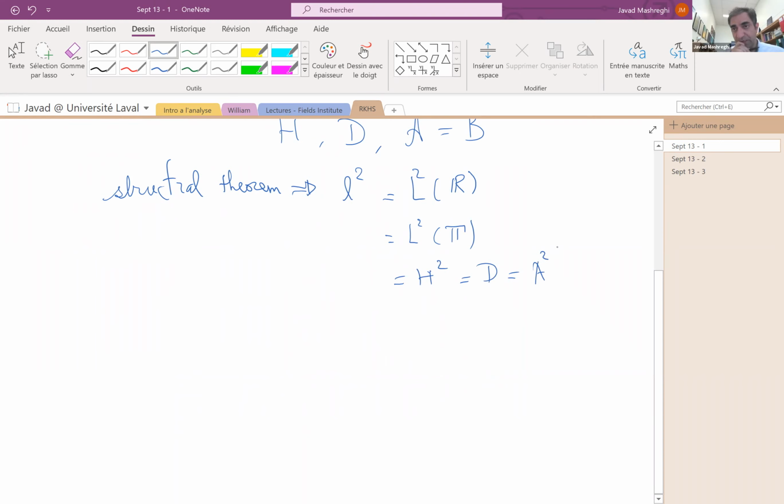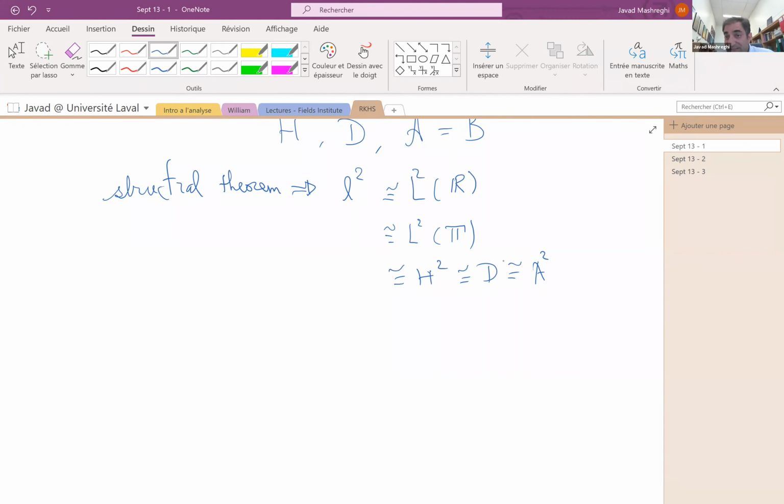And if the equality bothers you a bit, you can put a tilde over the equality, just to emphasize the fact that we do not look at them as sets.